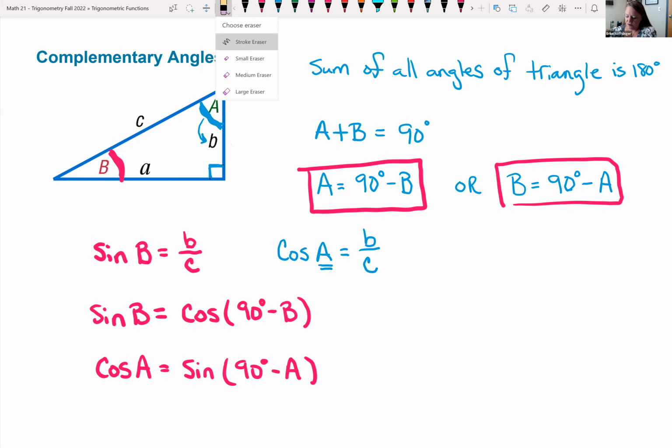We can do the same thing with tangent and cotangent.